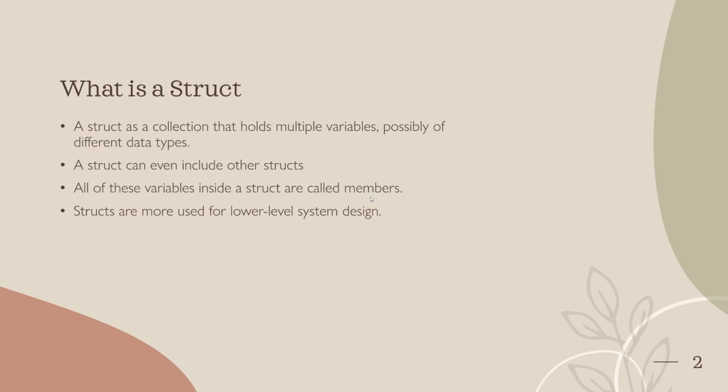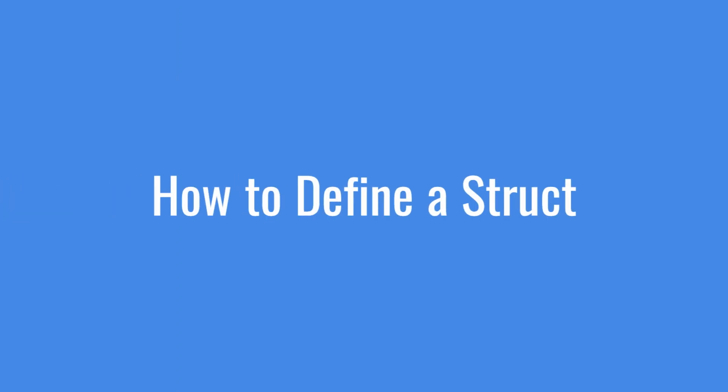Understanding structs is actually the first step toward understanding classes in C++. In fact, in C++, structs and classes are quite similar, but in lower-level system design, which is often written in C without object-oriented features, the difference between a struct and a class becomes more noticeable.